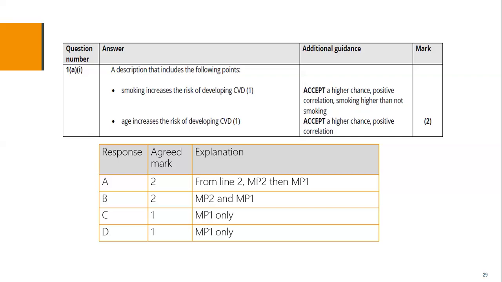There's a comparison there. The same with response B: the relative risk of CVD increases as age increases, and there's a relative higher risk value than non-smokers.